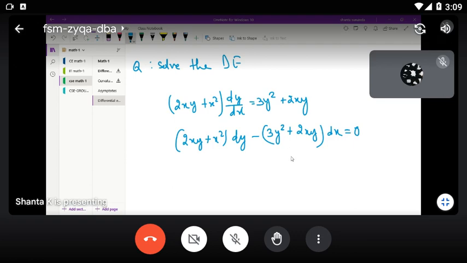So now this is M dx + N dy form. Okay, the standard form. Okay, now you find out whether it's exact or not.